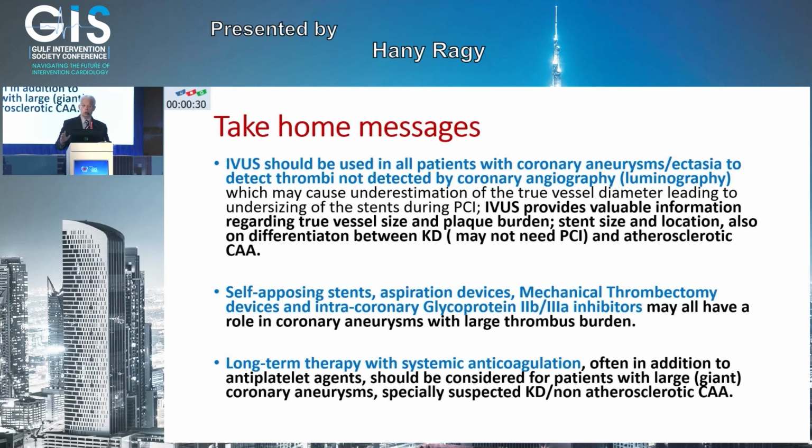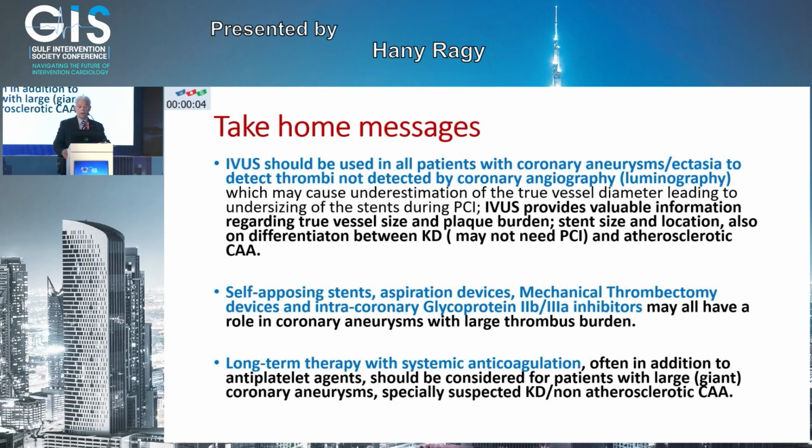Although IVUS is not so good, OCT is much better with thrombus, but that's what we have available to us. It will also show you the true vessel diameter, because you don't want to put small floating stents in those very large ectatic arteries. Sometimes you just need to establish TIMI 3 flow with balloons and treat those patients medically if you don't have severe stenosis.